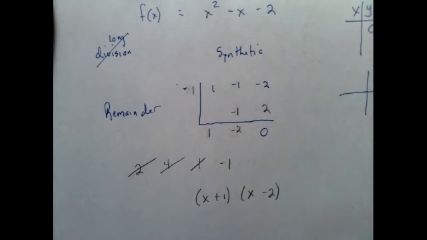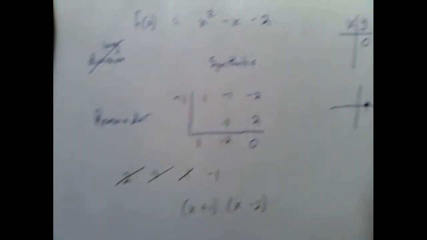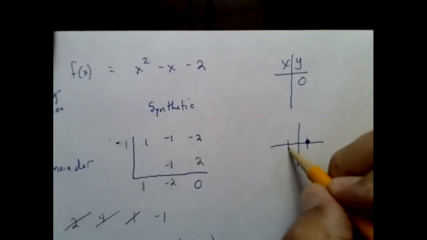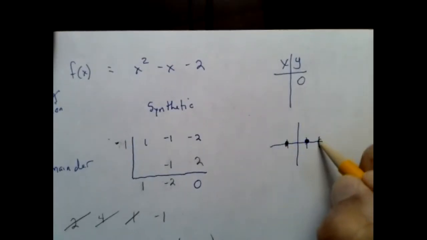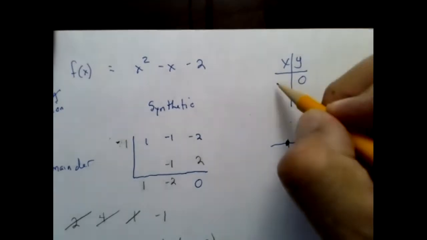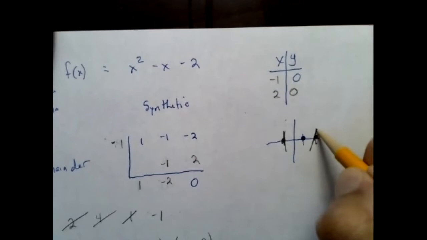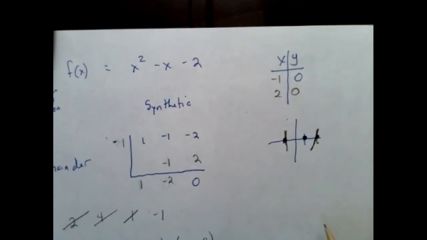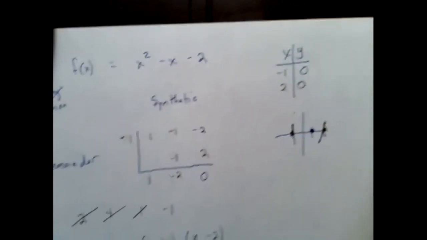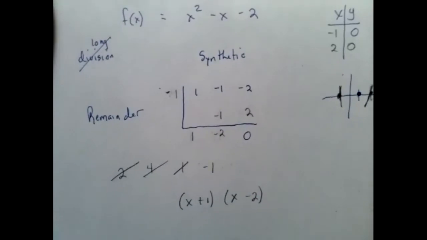How about that? So that means my zeros were actually at -1 and +2. I don't know why I had that one there. I was just trying to trick you.